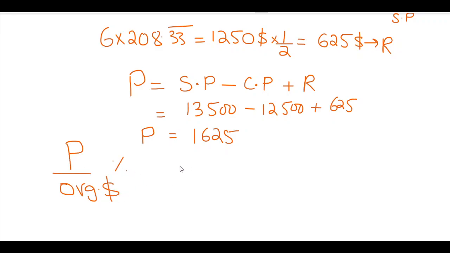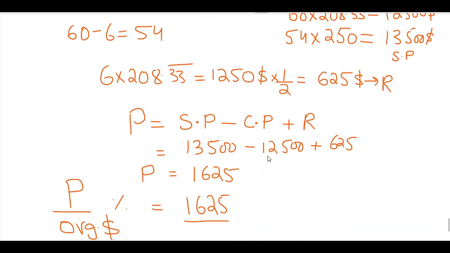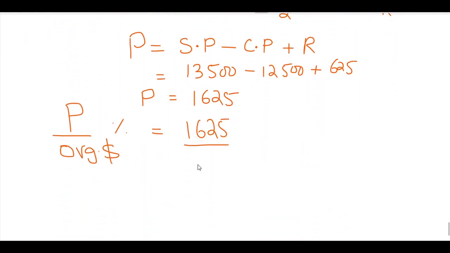The profit is 1625, and the original cost of the 60 pieces was 12500.